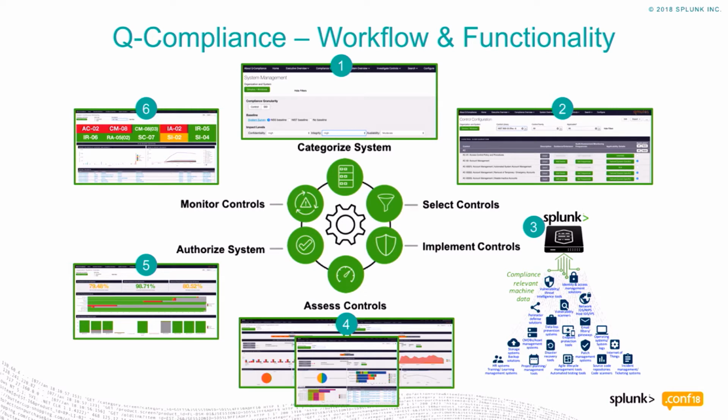I'll walk through these 6 steps and talk about the functionality within our application to support each of them. So the first step, categorizing your system, you are baselining your system based on the sensitivity of the information and capabilities that it supports.